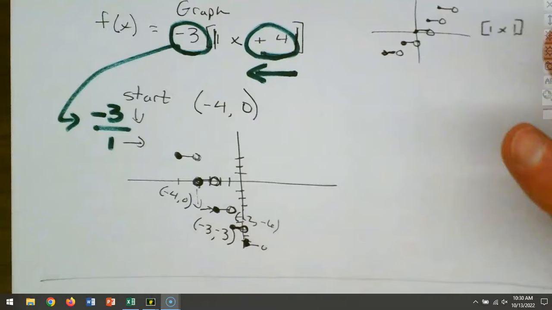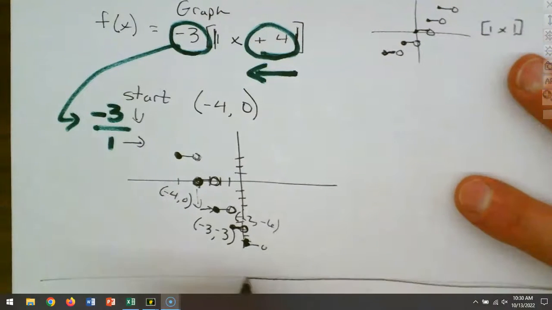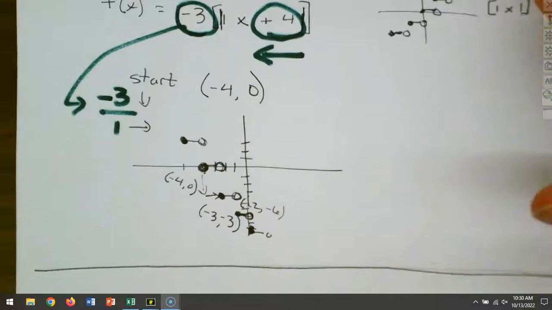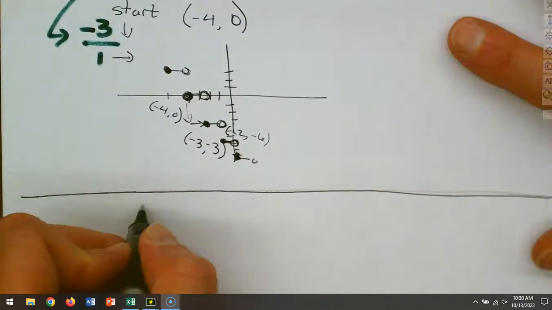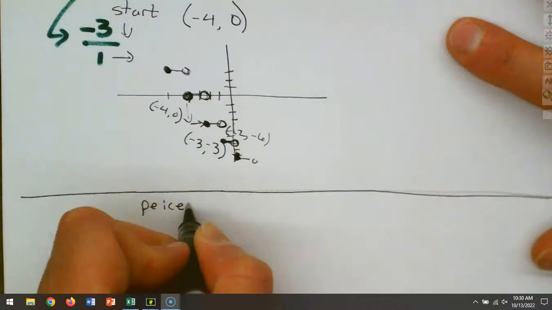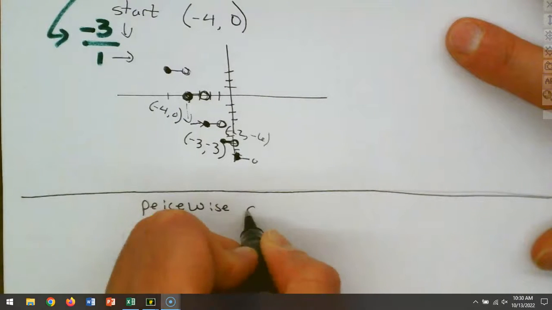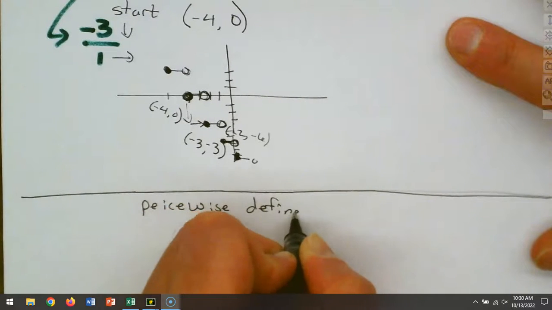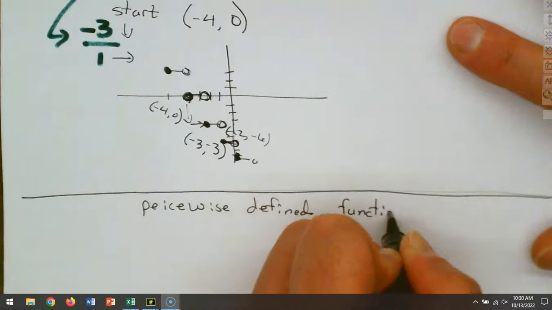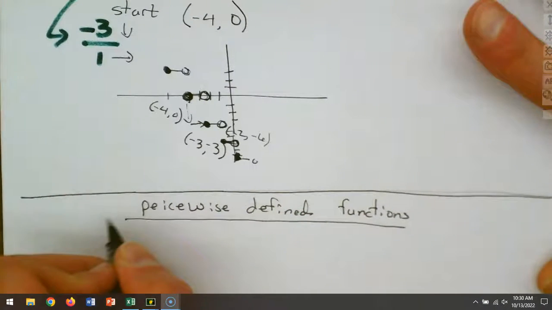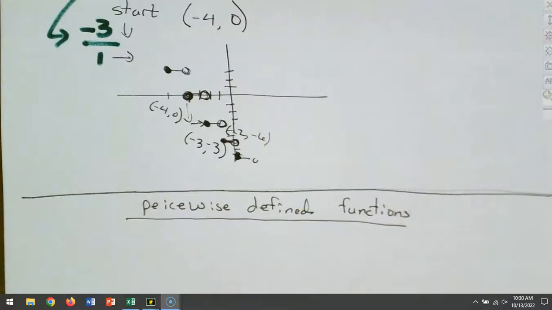We've got one more part to look at in this section. And we're now going to talk about piecewise defined functions. These are going to be done in pieces, so in different pieces or different parts.